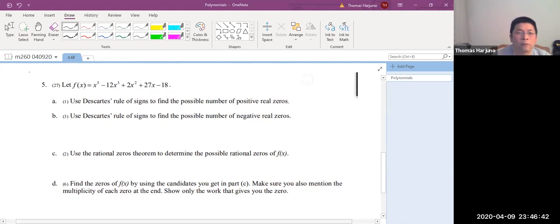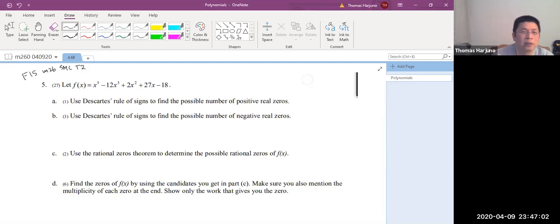Where's that from? Fall 15. That's from Fall 15 Math 26 at SMC, test 2. So we have this polynomial f(x) equals blah blah blah. Now part A: use the Descartes' rule of signs to find the possible number of positive real zeros.